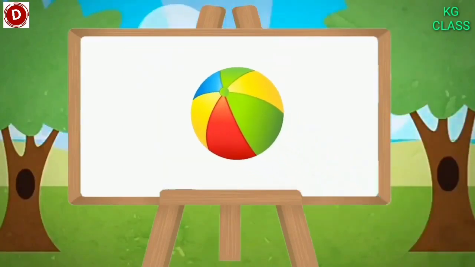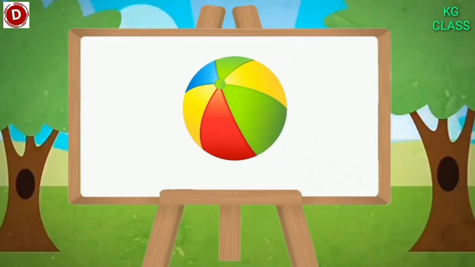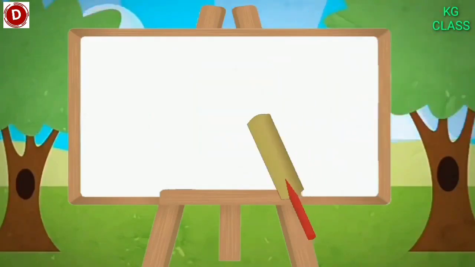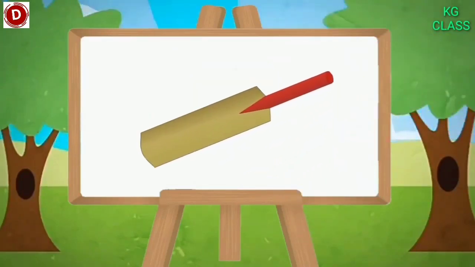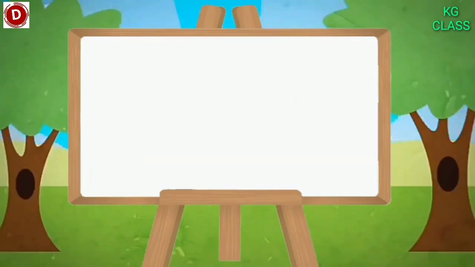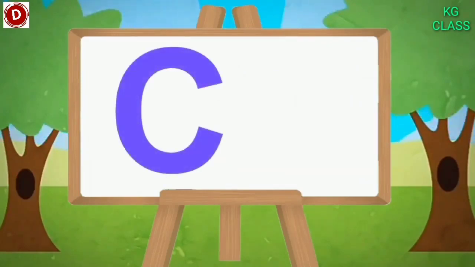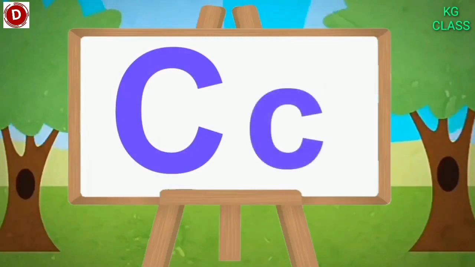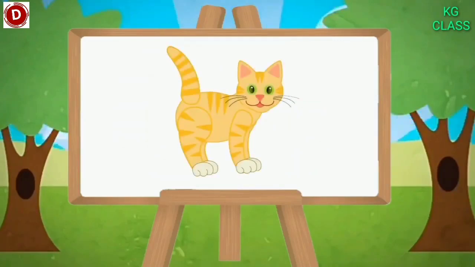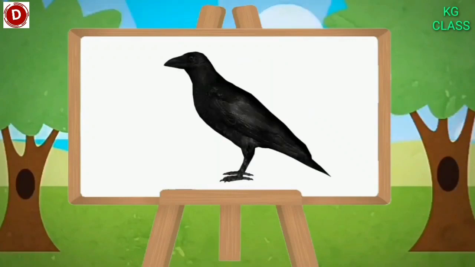B for ball. Yes, you can see a colorful ball, and B for bat to play with it. Now comes C. This is capital C and small c. C for cat and C for crow.